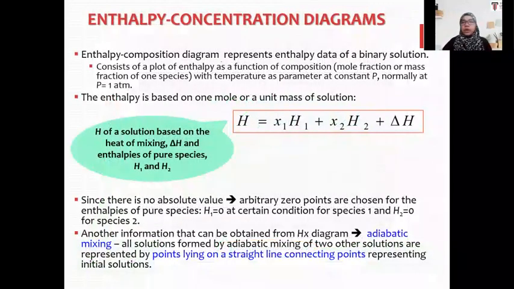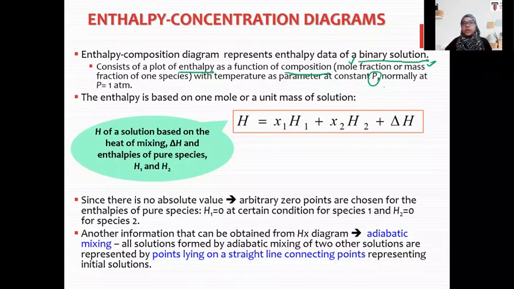Okay, the enthalpy composition diagram represents the enthalpy data for a binary solution. It consists of the plotting of enthalpy as a function of the composition. The composition can be the mole fraction or mass fraction for one species, with the temperature as parameter at constant pressure.